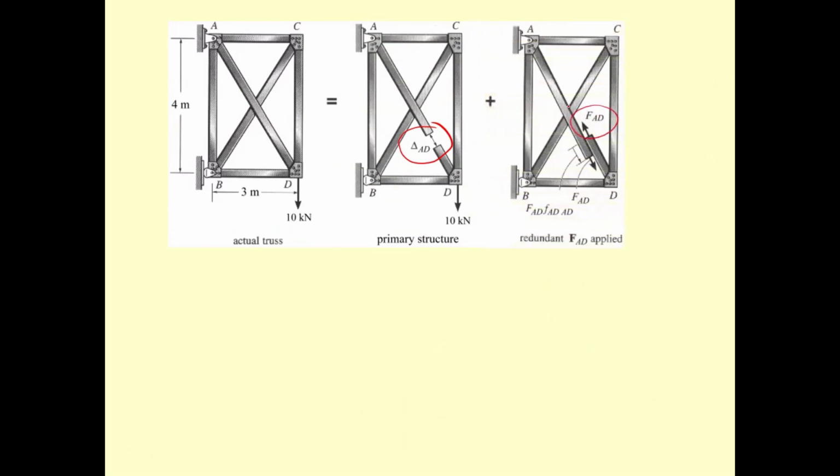Now, the image of the elastic curve is going to be very complex. Most of the time they don't draw the elastic curve. It's going to be tough, but you got to know that the primary structure is going to have the deformation or the displacement in the AD line, and we call it delta sub AD. And for this picture, for sure, delta sub AD is going to be elongation.